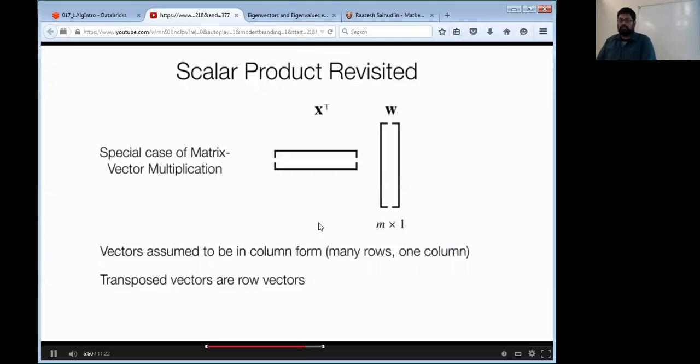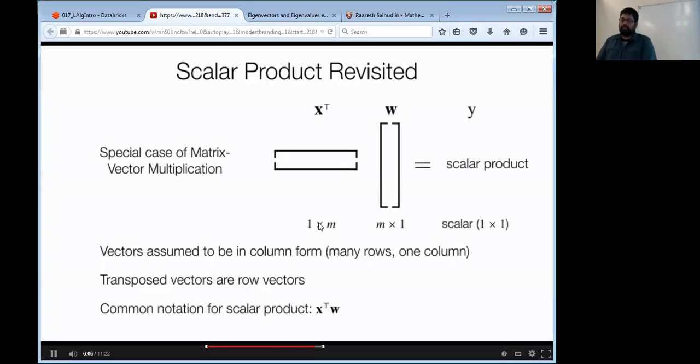And again, since scalar products require two vectors of the same dimension, if we're taking the scalar product between W and x, we also know that x is an n by 1 matrix, and therefore x transpose is a 1 by n matrix. And so as a result, we can think of the scalar product simply as the matrix product of x transpose W. And the output is y, which is a scalar.